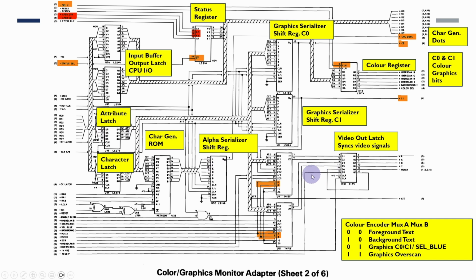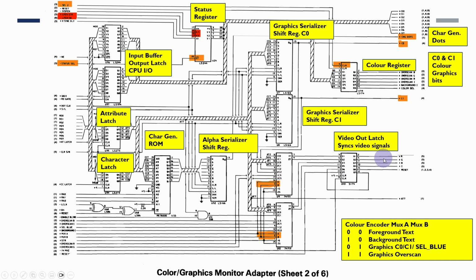Where this differs is when in graphics mode, then in fact these two graphics serializers take the output from the video RAM and actually produce C0 and C1 color graphics bits, and then these are used to determine what the colors are used here.